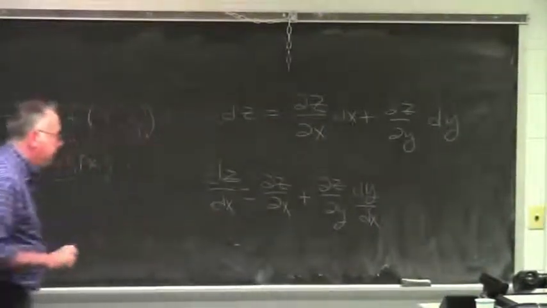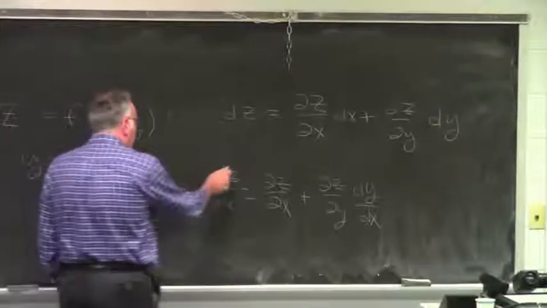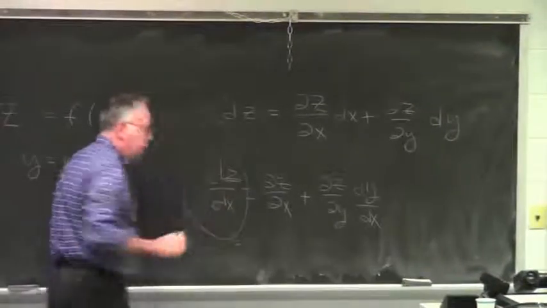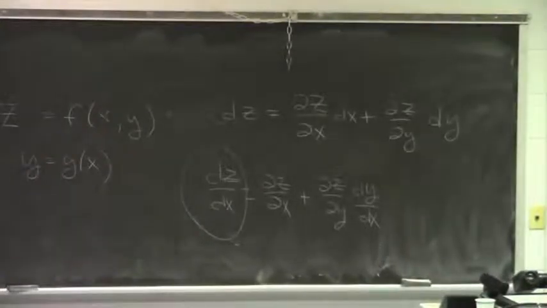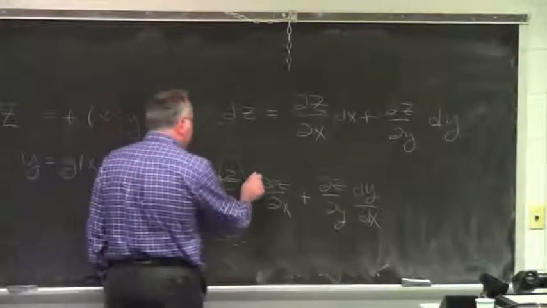Okay. And this equation right here is called the total derivative of z with respect to x. Notice this total derivative has two components, partial z partial x.